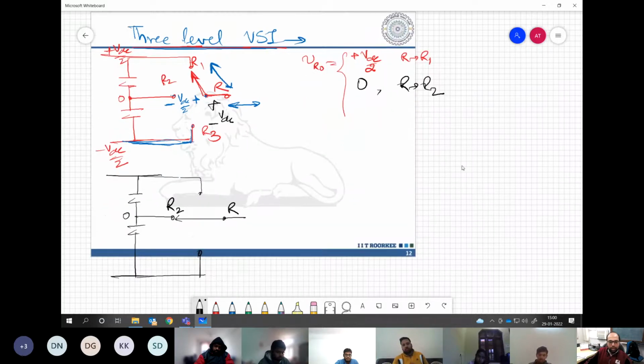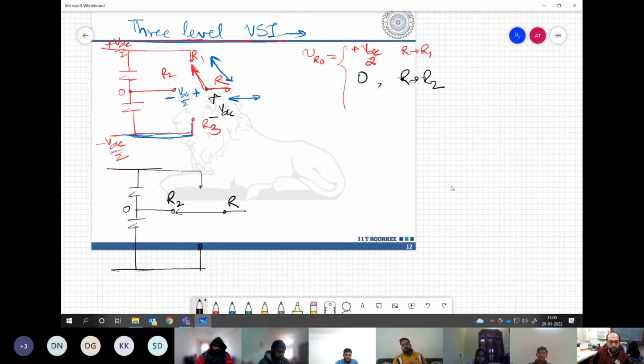Under this condition, current can be bidirectional here, so this switch must be bidirectional. Then what is the blocking capability requirement for RR1? First tell which one is positive.